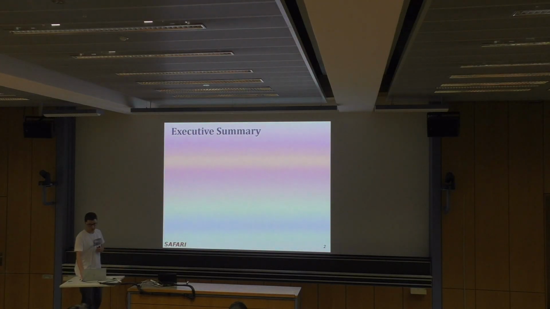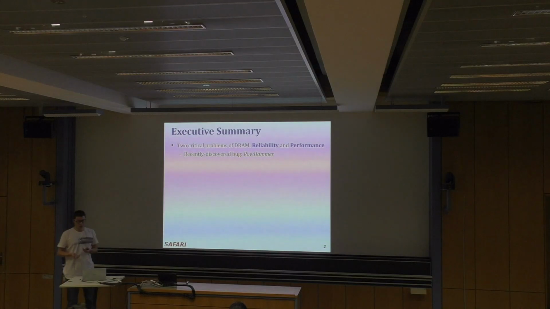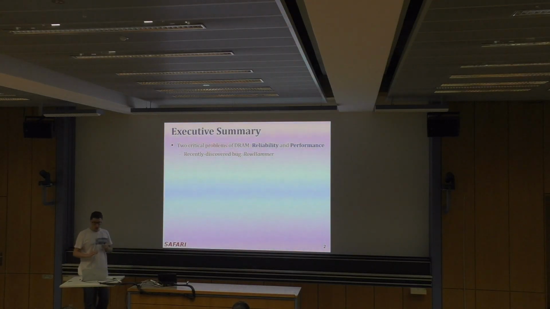Okay, let me start with a quick executive summary. As you should know by now, DRAM has several key challenges which people try to tackle by implementing different mechanisms both in software and hardware.